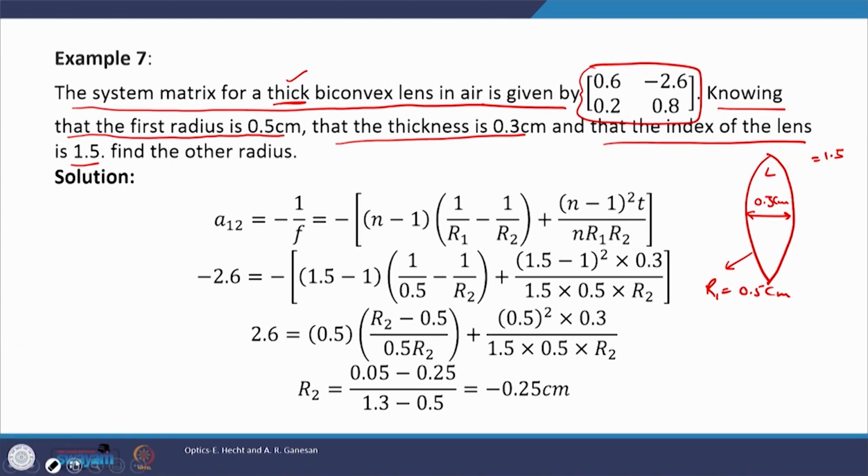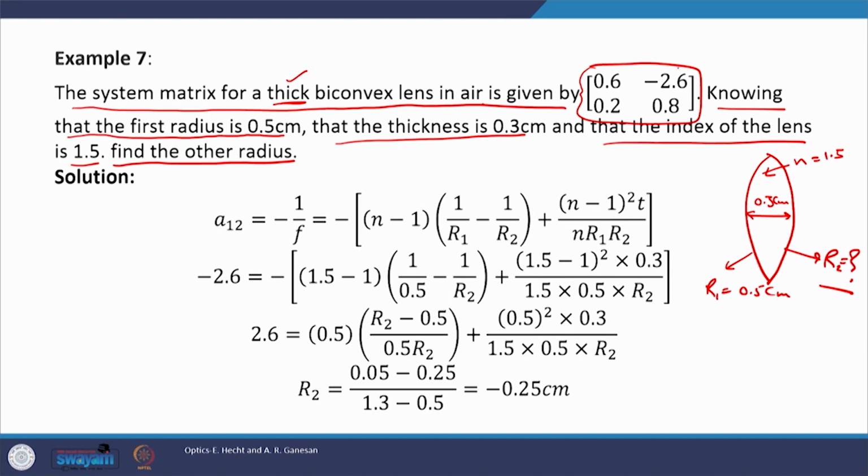What is being asked? Find the other radius, which is unknown.